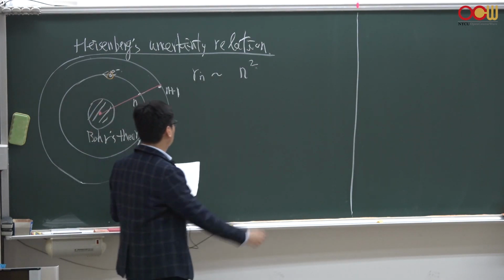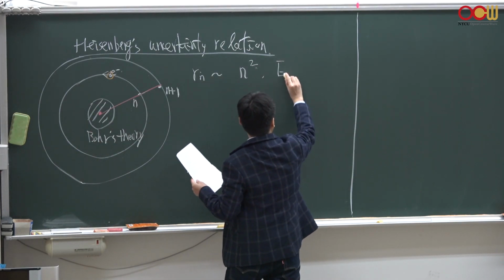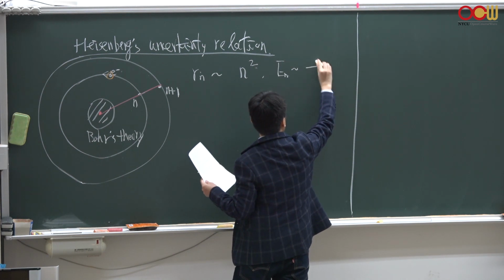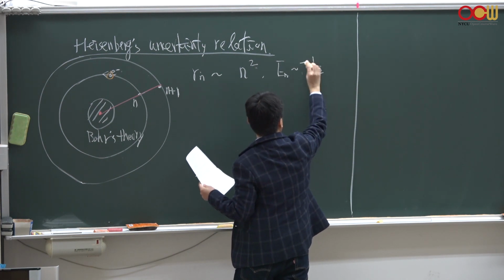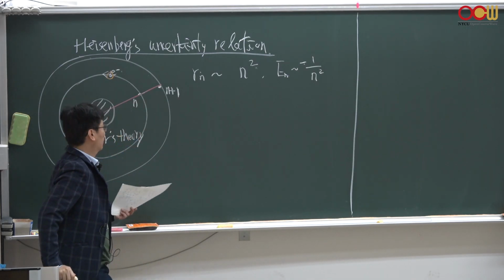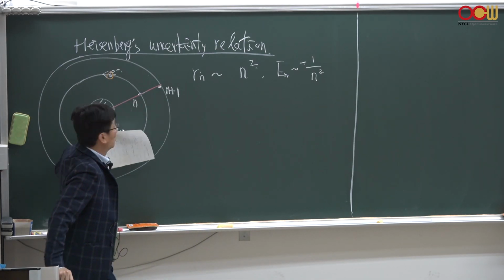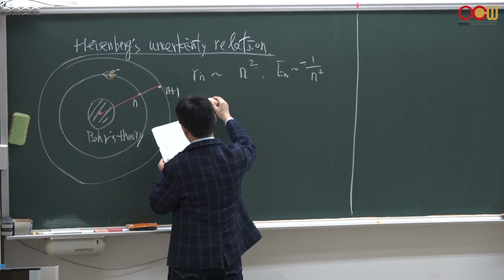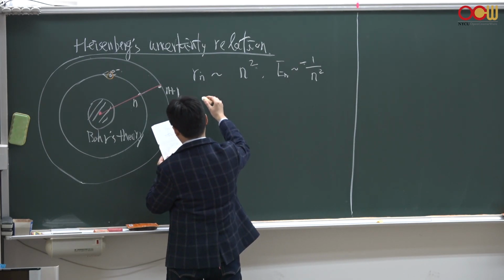And the energy within Bohr theory is proportional to 1 over n squared. So you know that.